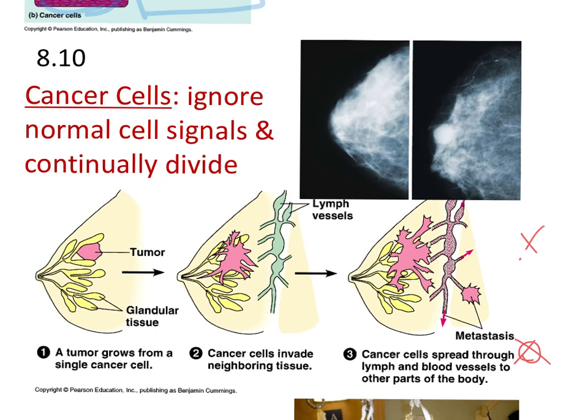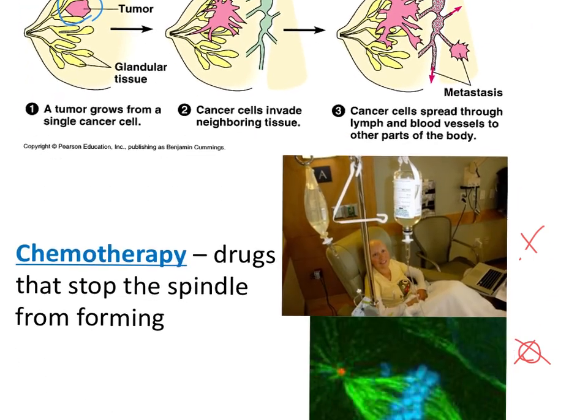Cancer cells tend to ignore normal cell signals, so they tend to ignore the fact that they are not being told to divide, and they tend to ignore those checkpoints. So that's then why we potentially might see a three-dimensional mass of cells like shown in this breast tissue, which we then call a tumor, cells that are ignoring the fact that they don't have signals to divide.